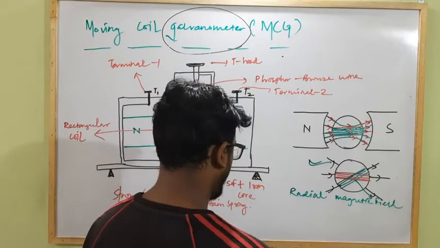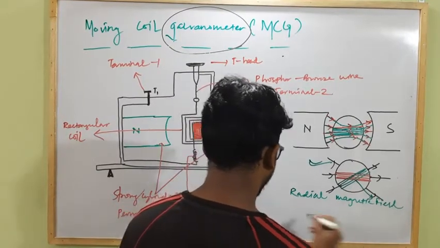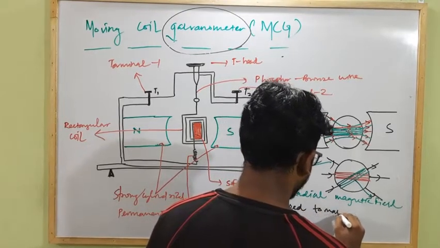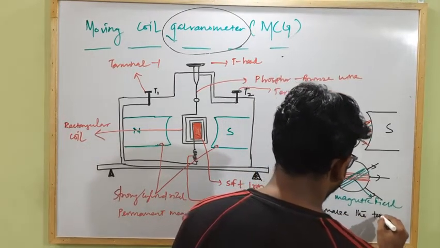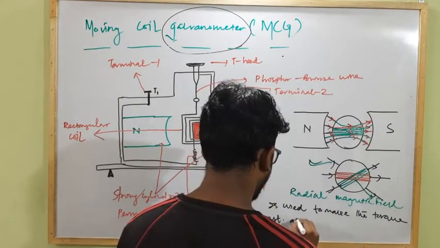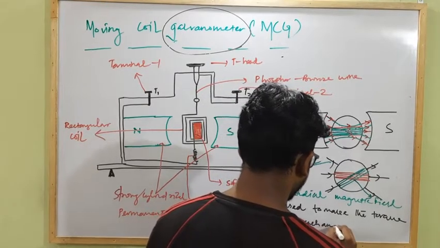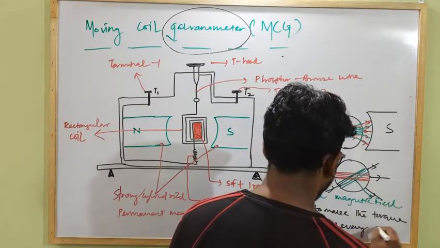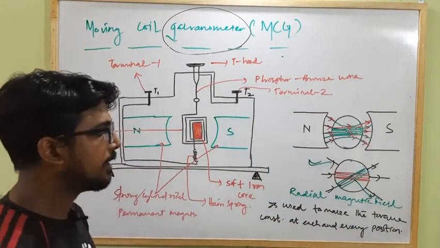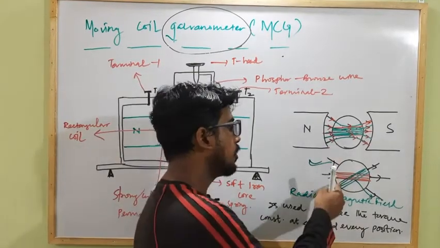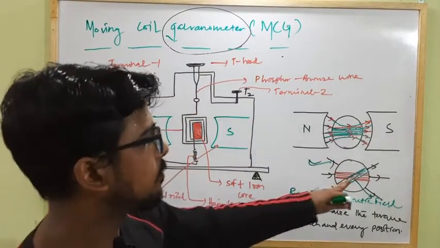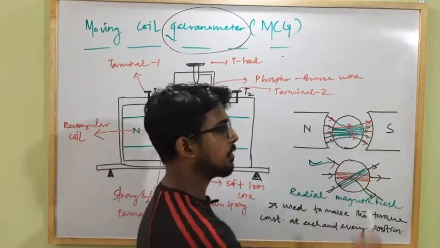So radial magnetic field is used to make the torque constant at each and every position. Clear? So radial magnetic field is used to make the torque acting on the current carrying loop constant, or the torque is independent of the angle between the direction of area vector and the magnetic field strength.